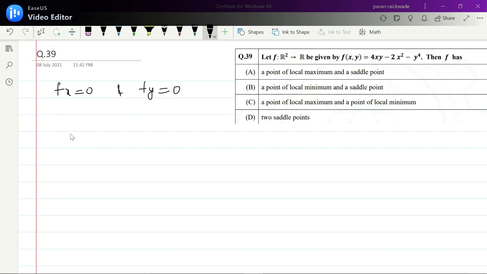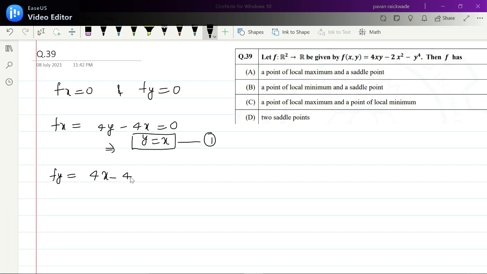Let's find this. What is fx? Fx equals 4 times y minus 4 times x, which is equal to 0, which implies y equals x. Equation number 1. What is fy? Fy is equal to 4x minus 4y cubed, which is equal to 0, which implies x equals y cubed.